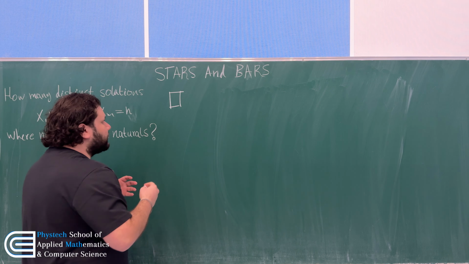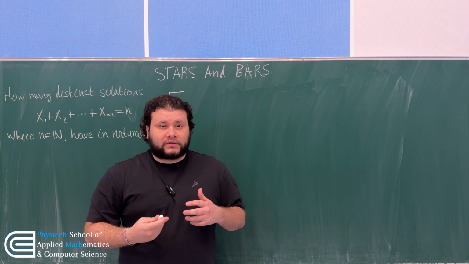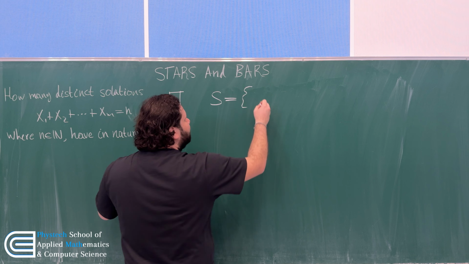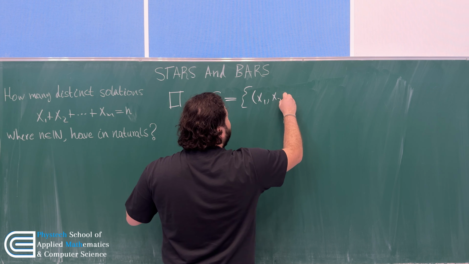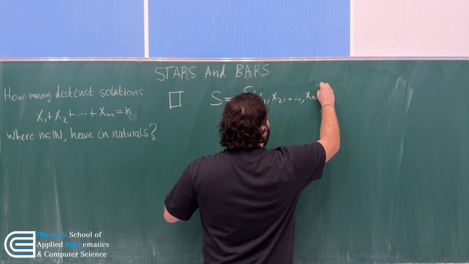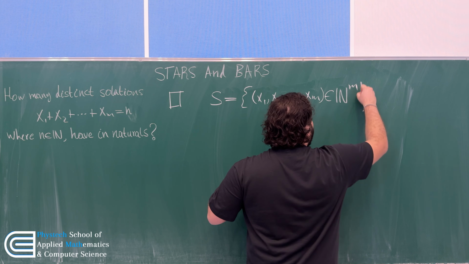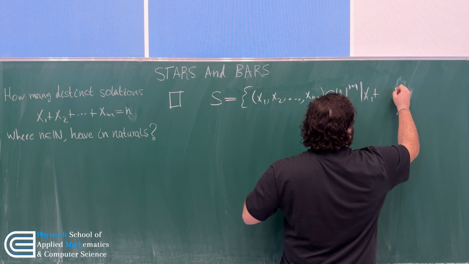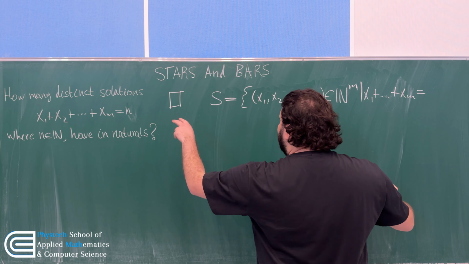What I want to do first is to compute the set of all these possible solutions. How is this set going to look? Let's name this set S, and this set is going to be S of (x1, x2, and so on till xm) that belongs to the naturals to the power of m, such that the sum x1 plus so on plus xm is equal to n.